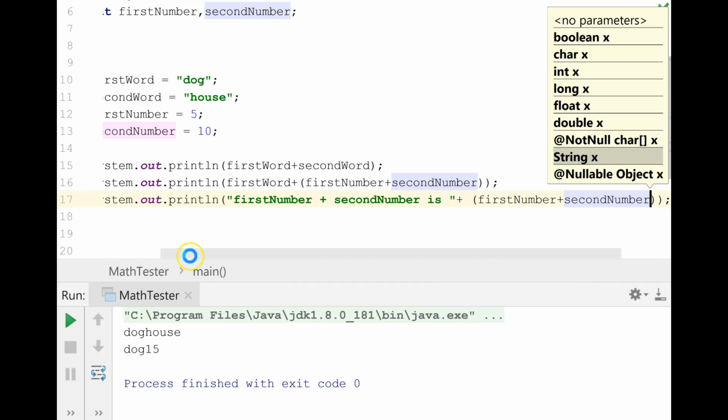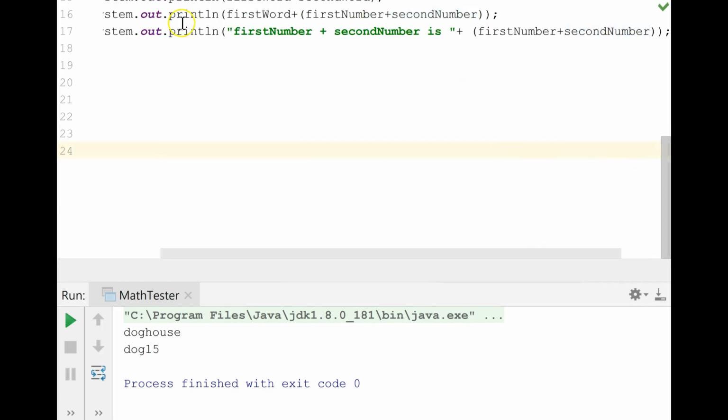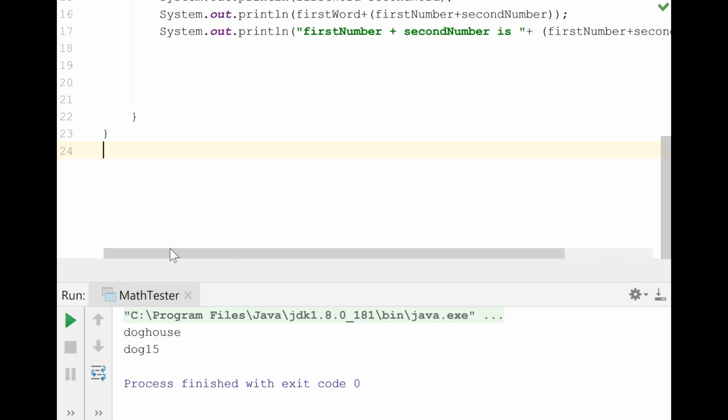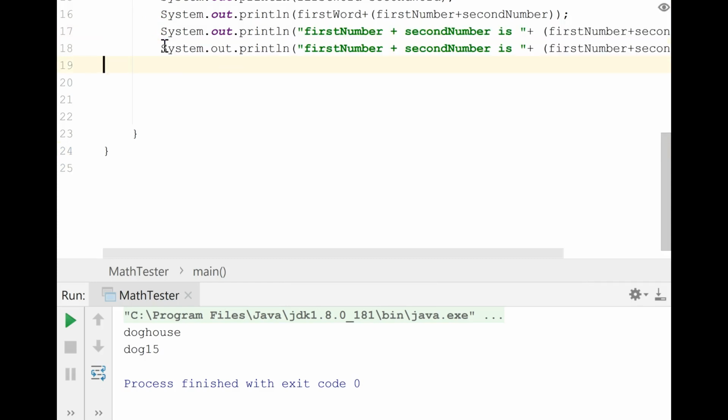Computer's freezing up. All right. And make this a little bit smaller. Okay. So if I copy that line again, let's go down here. We go first number minus the second number, just like what we expect. And I can put the minus in there.